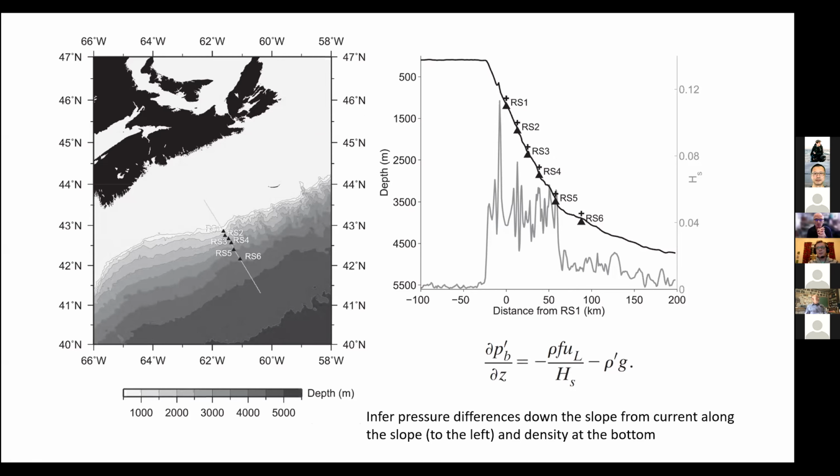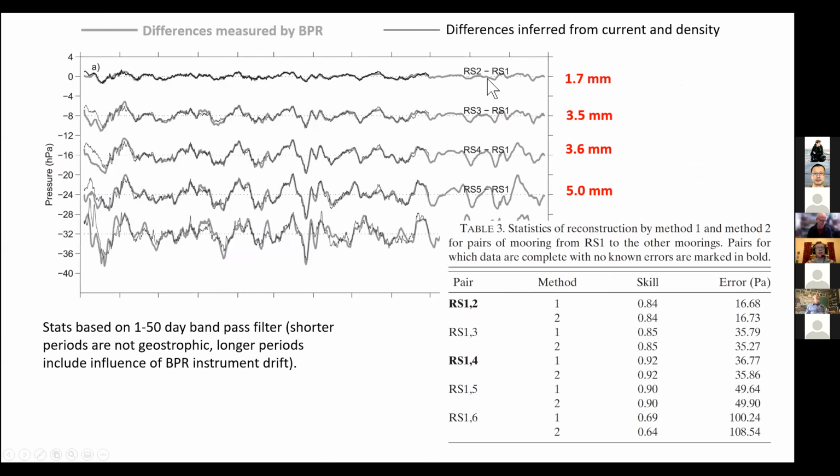And I think this is really quite nice because it works. This is 1 to 50 day bandpass filtered results. And the black line is inferred from current and density. The gray line is the straight difference from the BPRs.